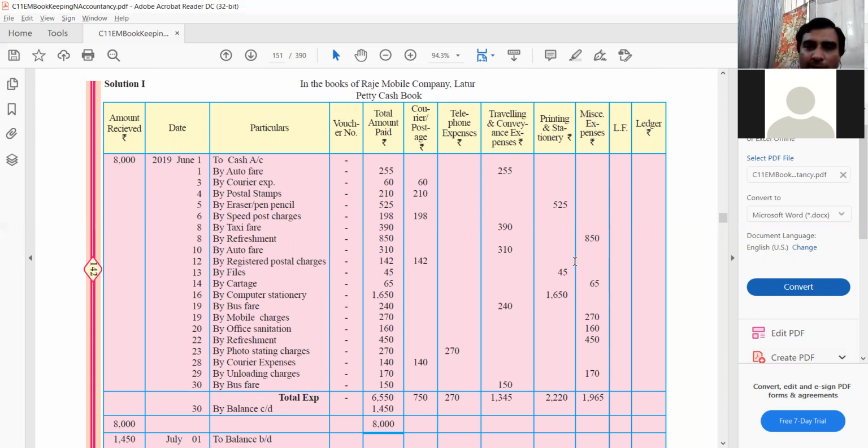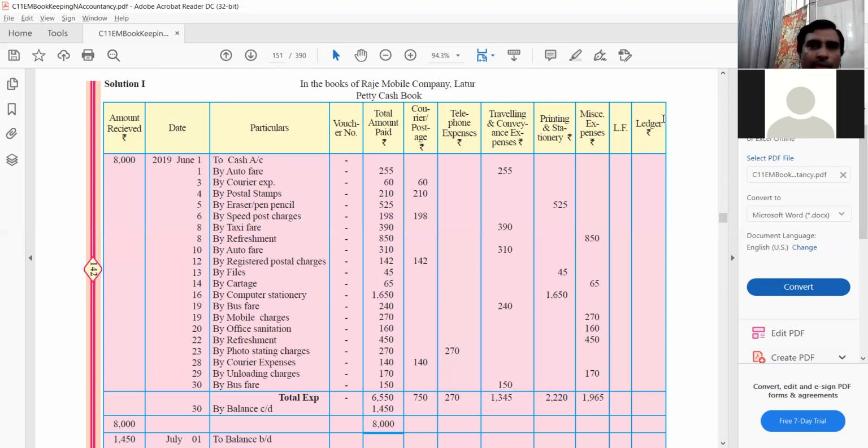Otherwise, typically something like refreshments in a practical environment, which is showing here in miscellaneous, will come in staff welfare account. Mobile charges again should come in telecommunication charges in a separate column. Refreshments is a repeat of this one. So these may actually go in the ledger column, but that's how your syllabus shows it.